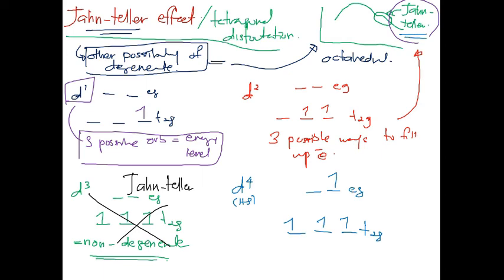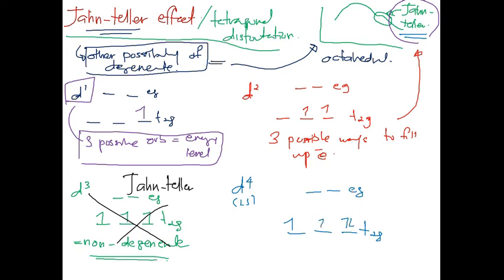What about the low spin? Okay, kalau low spin. So if a low spin d4, 1, 2, 3, 4. So you can arrange this, or you can arrange like this, or you can arrange like this.